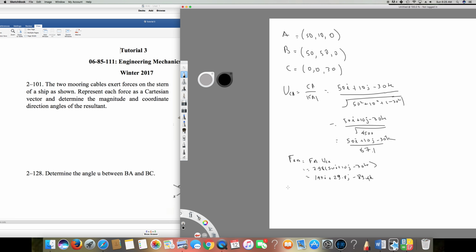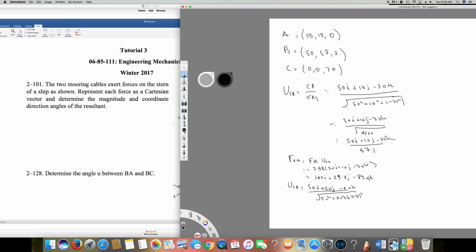So before I do that, first of all, I have to calculate the unit vector of CB. UCB is going to be equal to B minus C, so it's 50 minus 0 is going to be 50I plus 50J minus 30K over the square root of 50 squared plus 50 squared plus 30 squared.